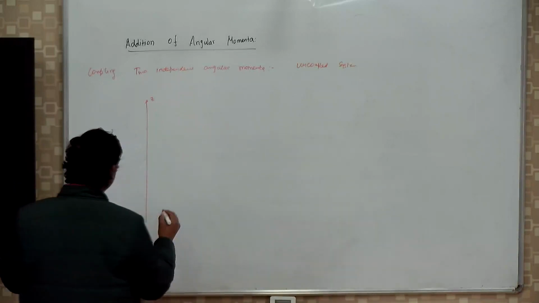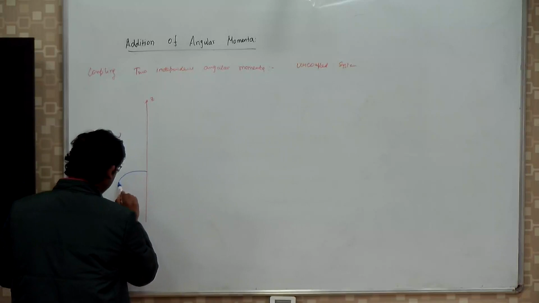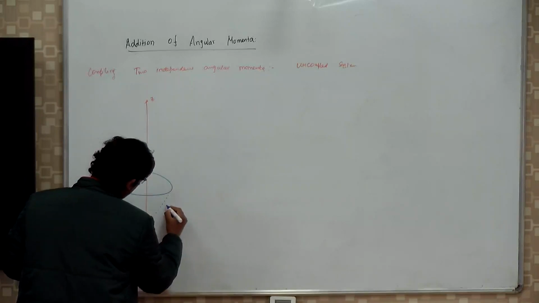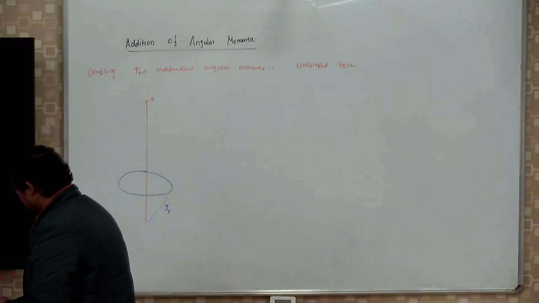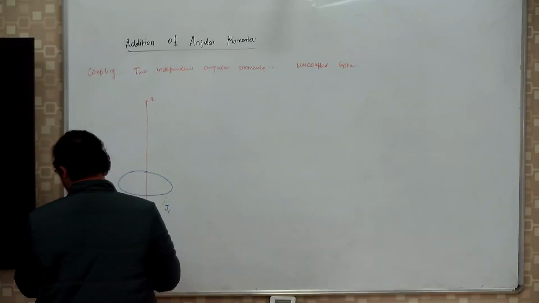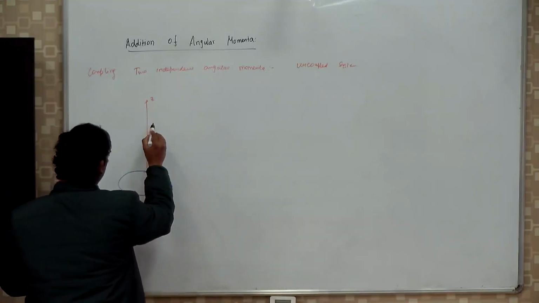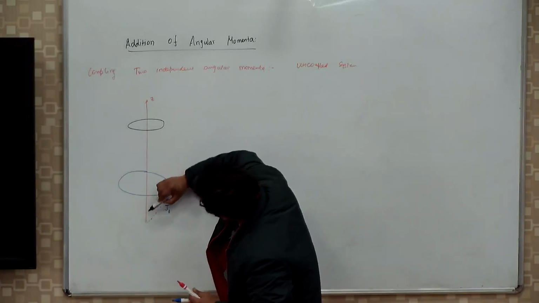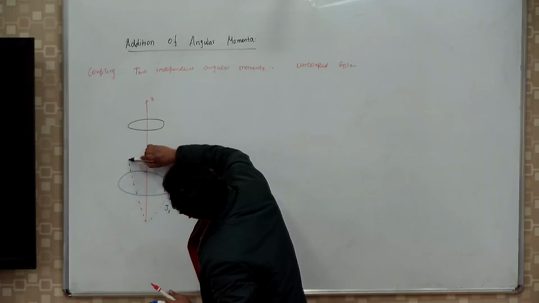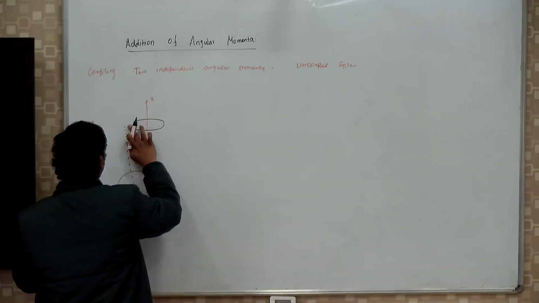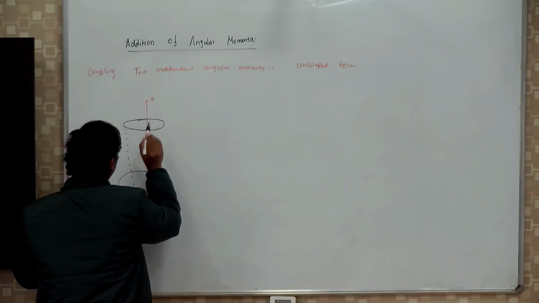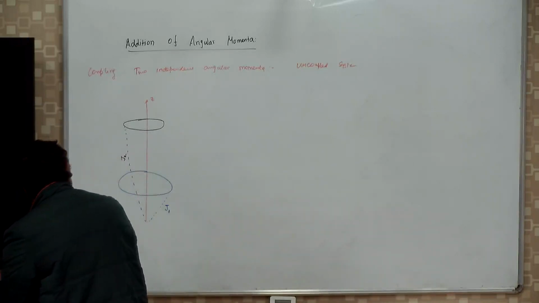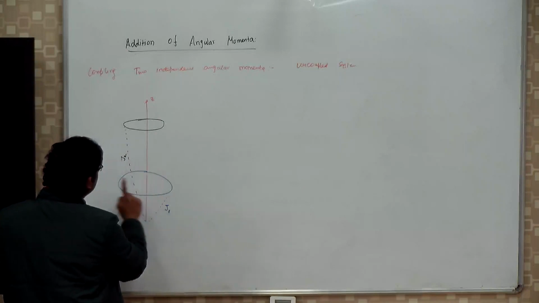Suppose we have a system with angular momentum J1, and another system with angular momentum J2. Both systems precess in the z direction.